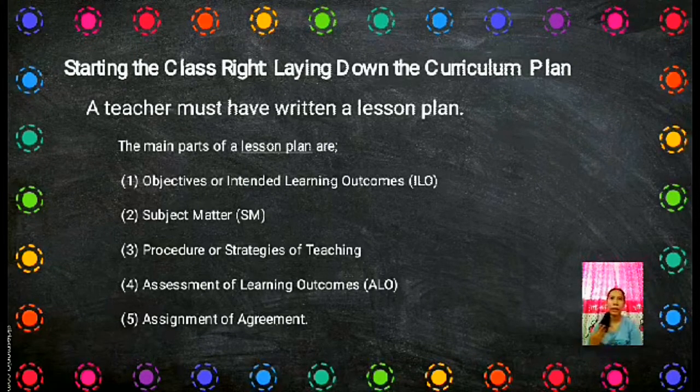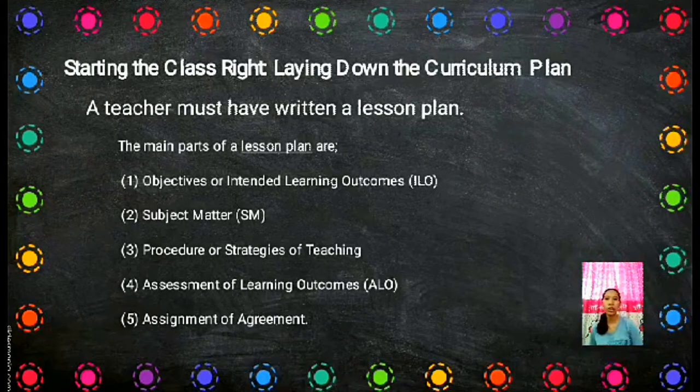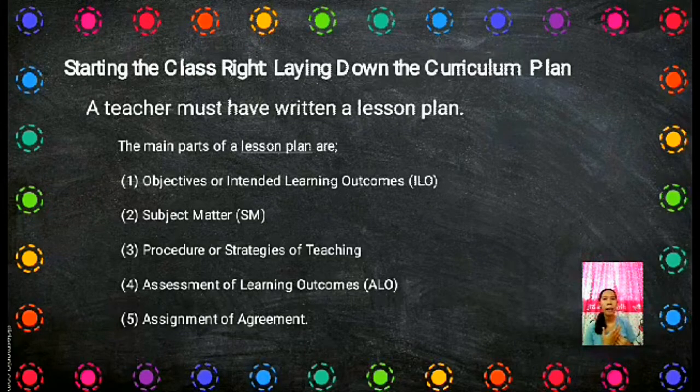Magsilbing guide nato, and through lesson plans, it also helps us in organizing the methods and strategies that we will use when delivering the lesson, so that ma-ensure nato nga ang lesson nga atong itudlo ma-deliver nato og tarong o masabtan sa atong students.